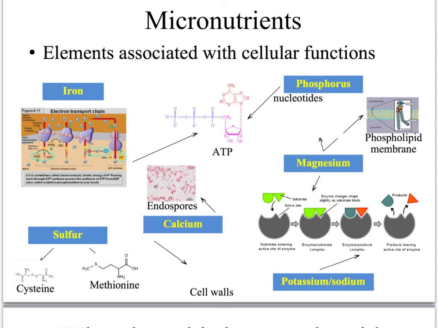Calcium, for example, is important in forming endospores, which I'll talk about when we're talking about survivability and immune escape. It's also important in formation of cell walls, which I apparently lost my picture of. Elemental sulfur is important in making, at the very least, two amino acids, one called cysteine, one called methionine, etc.